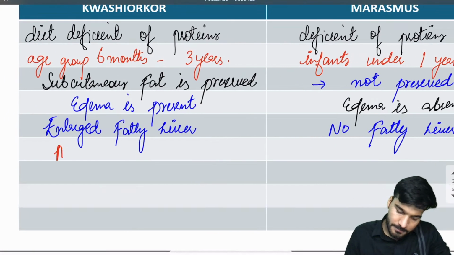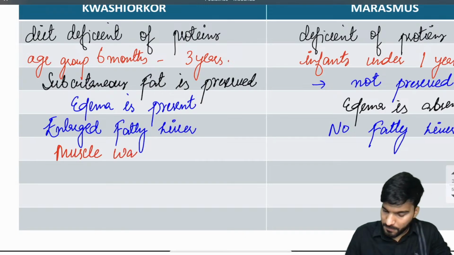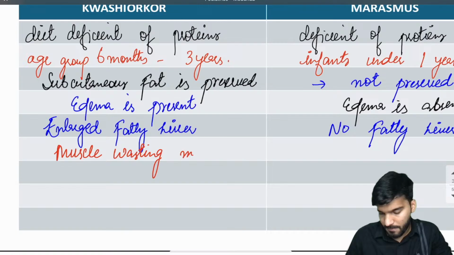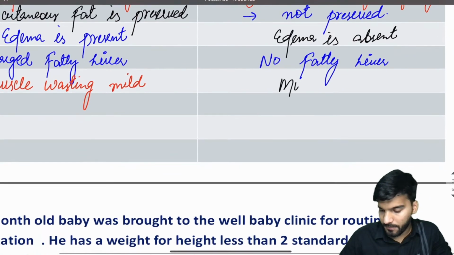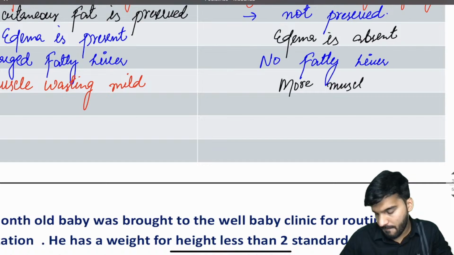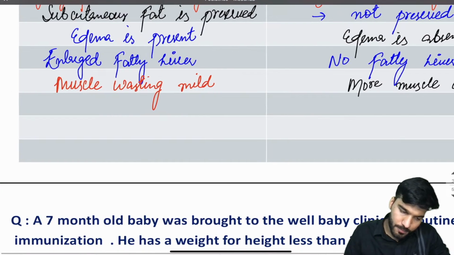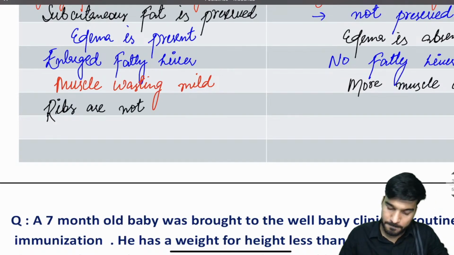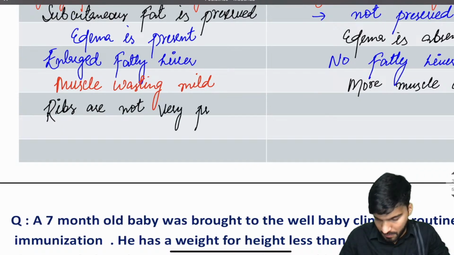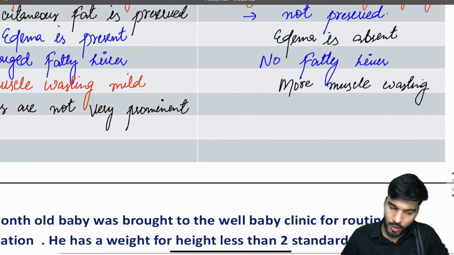In Kwashiorkor, muscle wasting is mild. In marasmus, we have more muscle wasting. In Kwashiorkor, ribs are not very prominent. In marasmus, ribs are prominent.